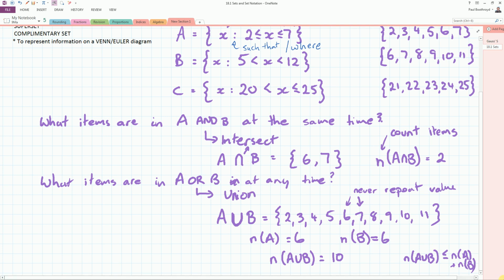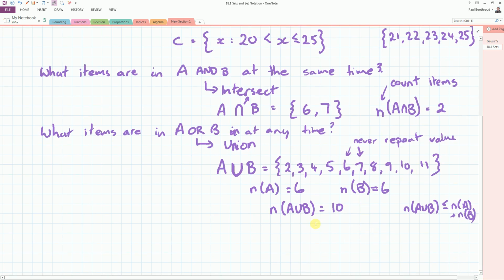There's a second part. And I'm going to talk about a fourth set, D. And D is a set of numbers X, where X is even and X is less than 12.